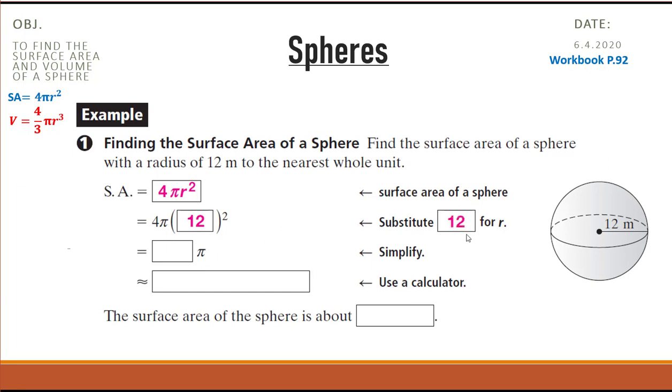Substitute 12, of course, for r, and just multiply 12 squared and 4. You can use your calculator to find the final answer and approximate it. It will be about 1810 square meters. Of course, this is area and area is in square units.